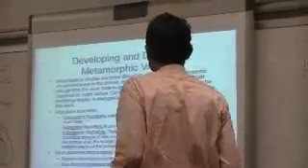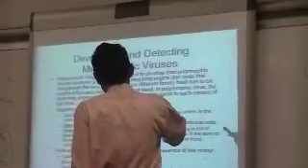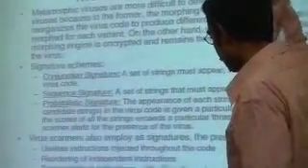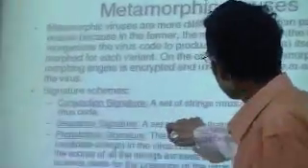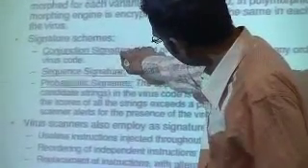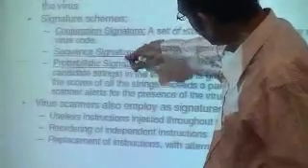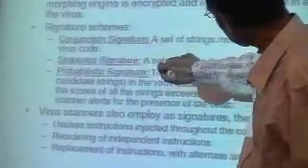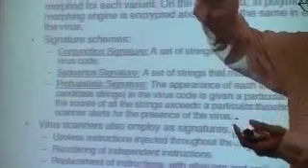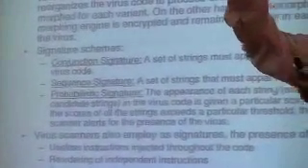Now, that's why antivirus scanners could be configured based on signature schemes. These are just theoretical names for the three different ways we can program an antivirus scanner. A sequence signature means it has to look for a set of strings in a particular order, one after the other.